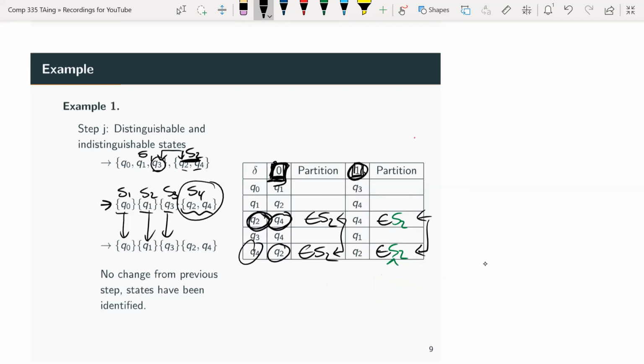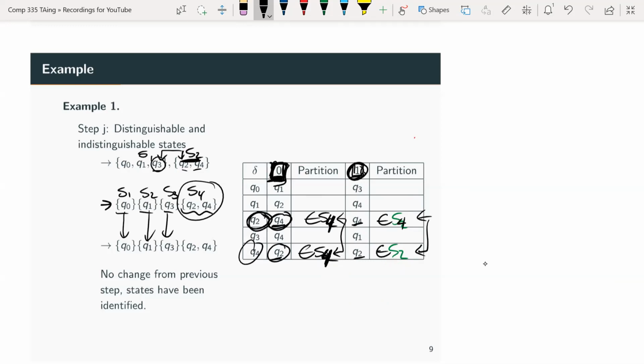Instead of that being called S2, this is now called S4. The same thing for Q4: when it sees a 0, it's going to go to Q2, which is S4. And again, the same thing for when they read symbol 1. So in fact, it's the same.